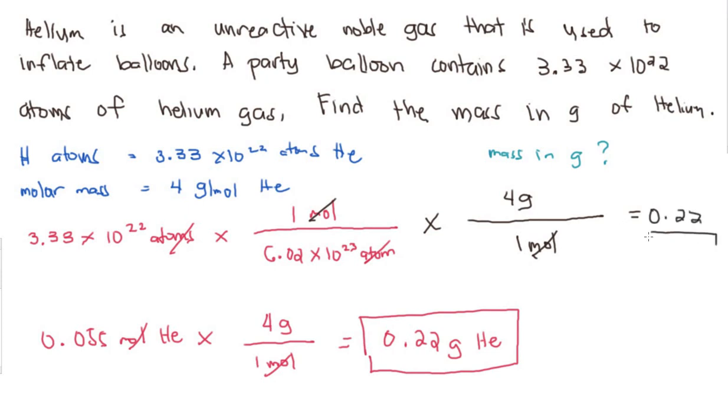Still, you have the same answer. It's up to you which equation to use. If you want the single straight line, it's better because you don't have to write so much. So, same answer: 0.22 grams of helium.